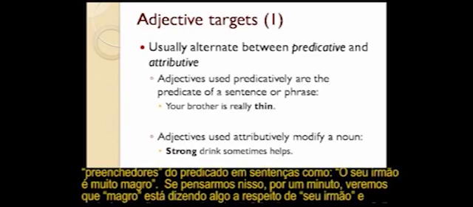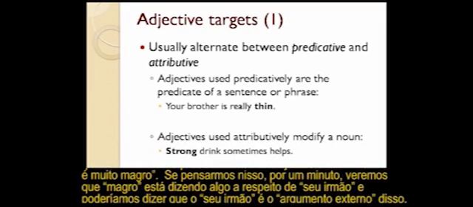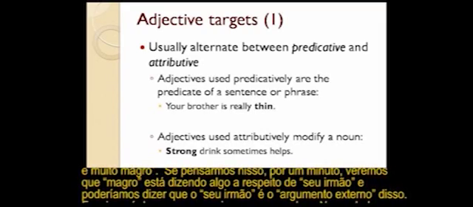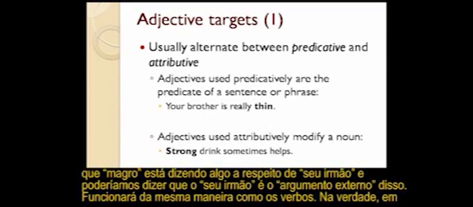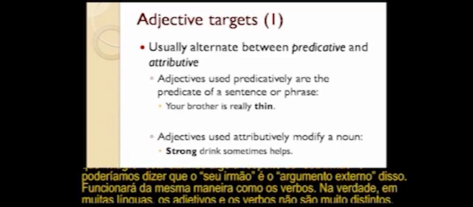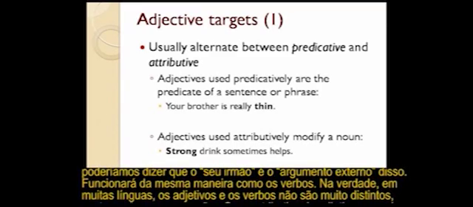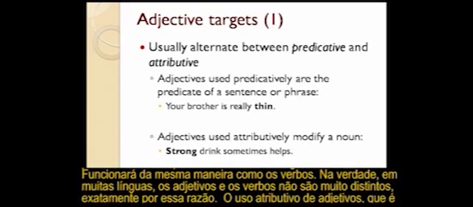If you think about that for a second, you can see that thin is saying something about your brother. And you can say that your brother is the external argument of that. So it's really going to work the same way as for verbs. And in fact, in many languages, adjectives and verbs are not really very distinct for exactly this reason.